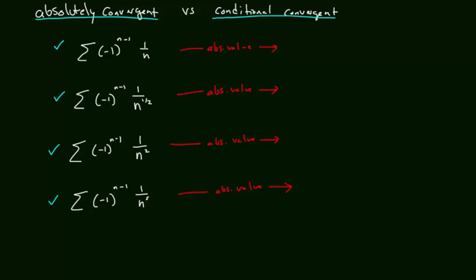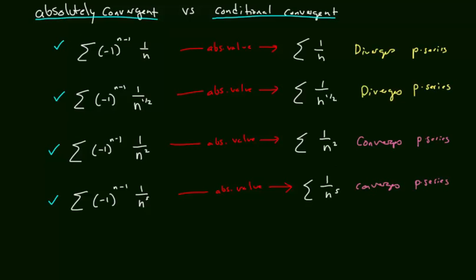Now, if I take the absolute value of all the terms to make it a positive term series, I am changing it. Then let's see what happens. Now that I've taken the absolute value, the first two series actually diverge. We have the harmonic and we have a p series where p is less than or equal to 1. So the first two now diverge and the second two still converge.